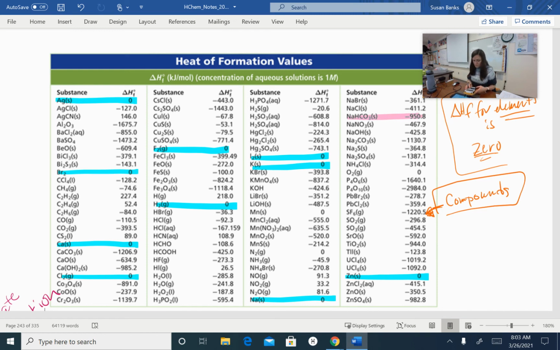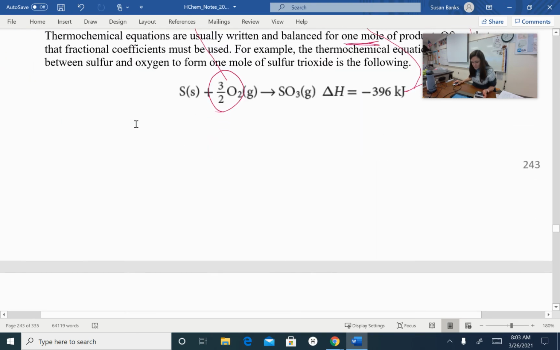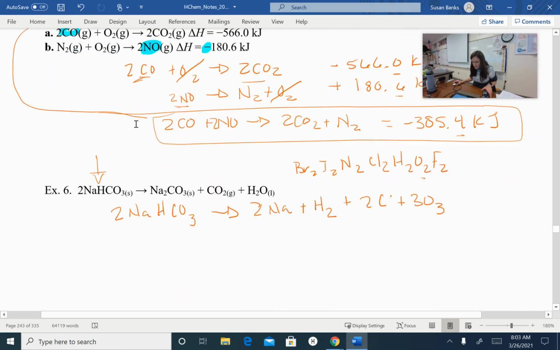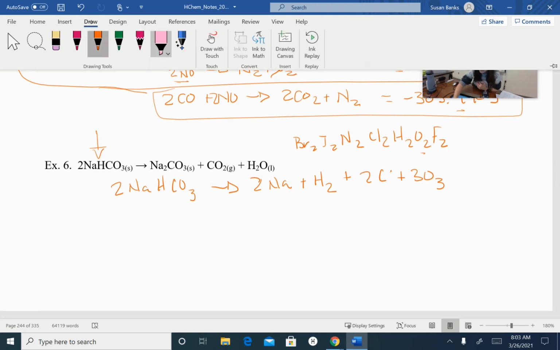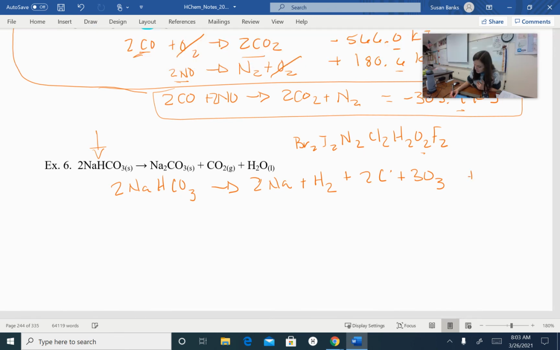So 950.8 times 2 gives me 1901.6, and it's going to be positive because I have deconstructed it instead of making it, because those are heats of formation. So this is going to be a positive 1901.6 kilojoules because I had to multiply it by 2, and I also had to take the negative of it because I deconstructed it.